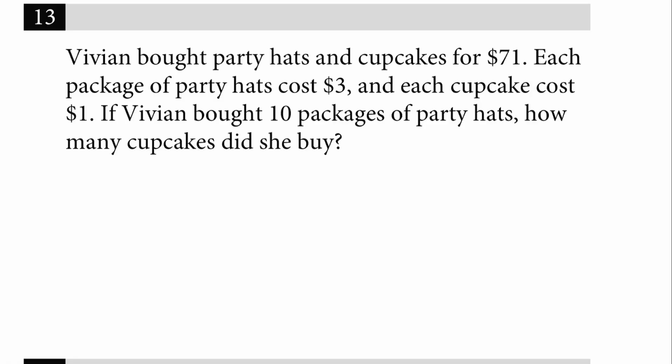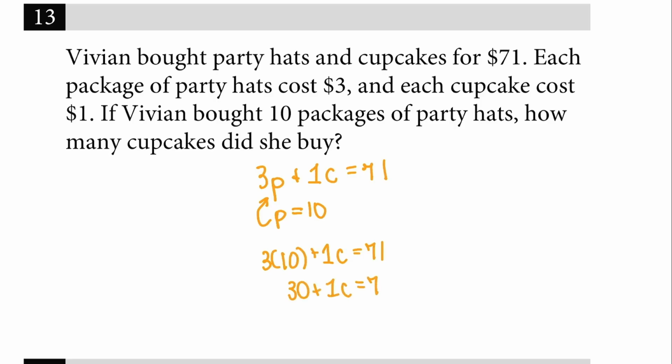This is a system of equations here. So we're going to let P be the party hats and C be the cupcakes. So if each party hat cost $3 and each cupcake cost $1 and she spent $71 and then bought 10 packages of party hats, this is the equation that we're going to set up, and we're going to substitute 10 for P. Okay, so 30 plus 1C equals 71.